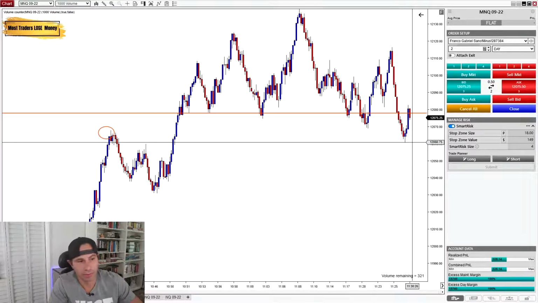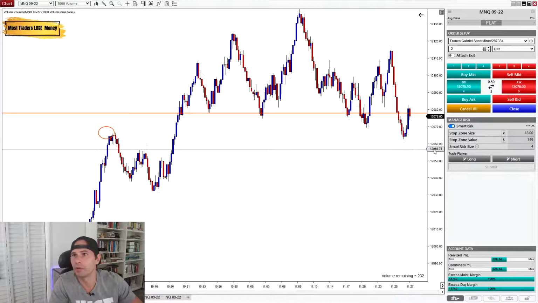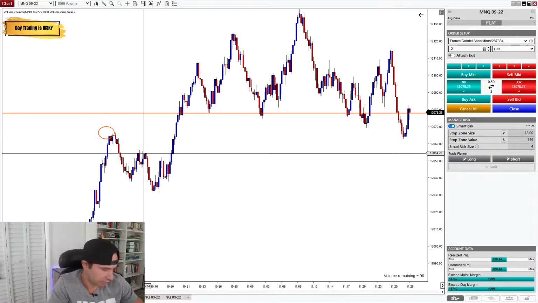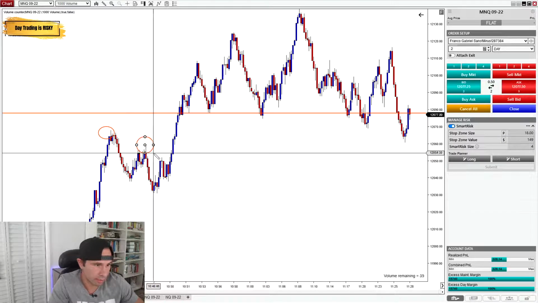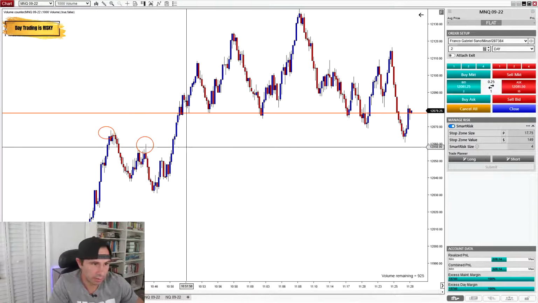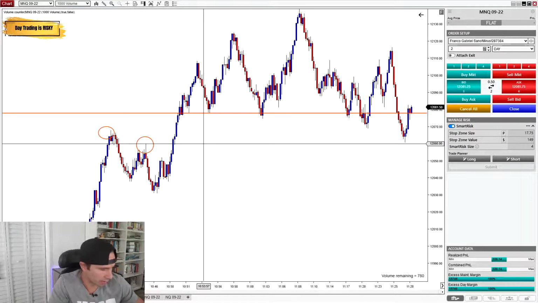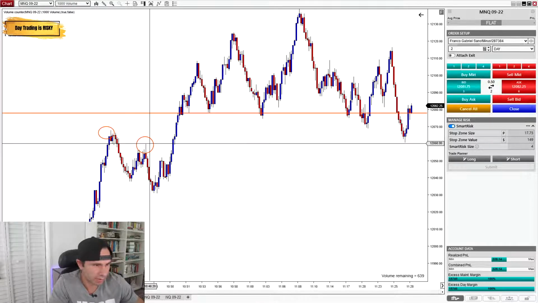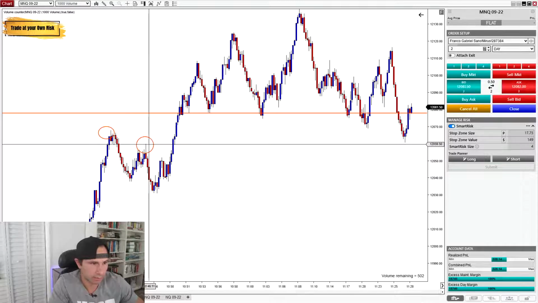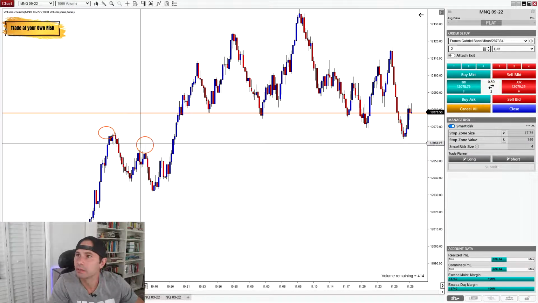They tapped my order. I was too precise, and I'll tell you why. That's one mistake that I made. This pivot, I should have put the target 5 points above, but I need to check the risk and reward ratio. But you see this pivot here?